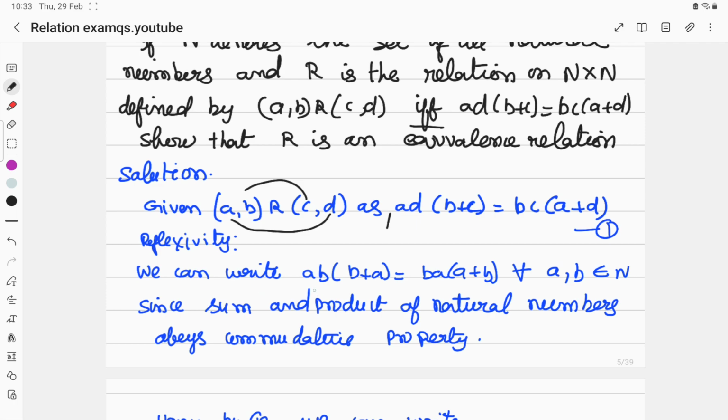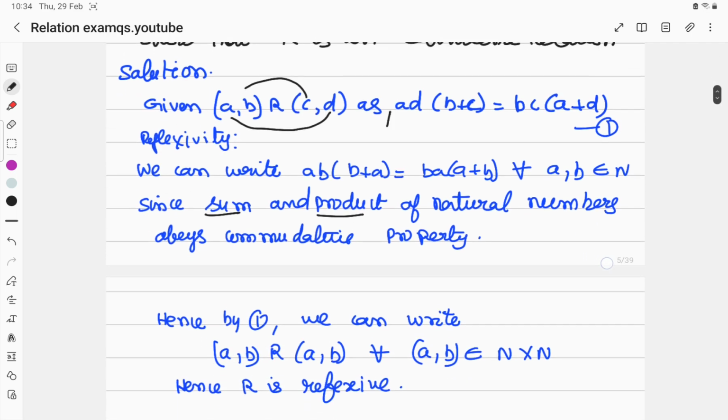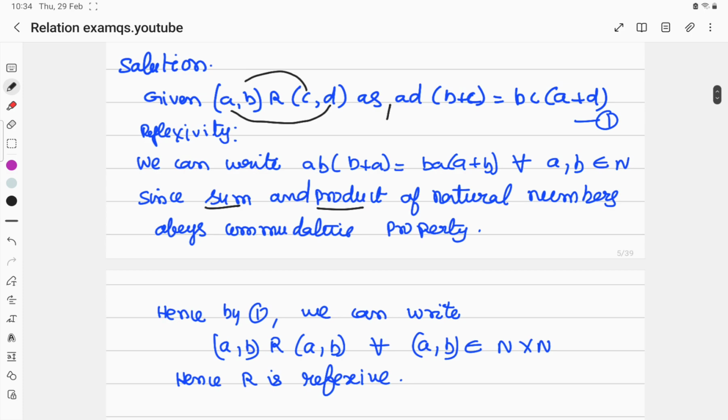We can write ab(b + a) = ba(a + b) for all (a, b) belonging to natural numbers. Since sum and product of natural numbers obey the commutative property, we get (a, b) R (a, b) for all (a, b) belonging to N cross N.